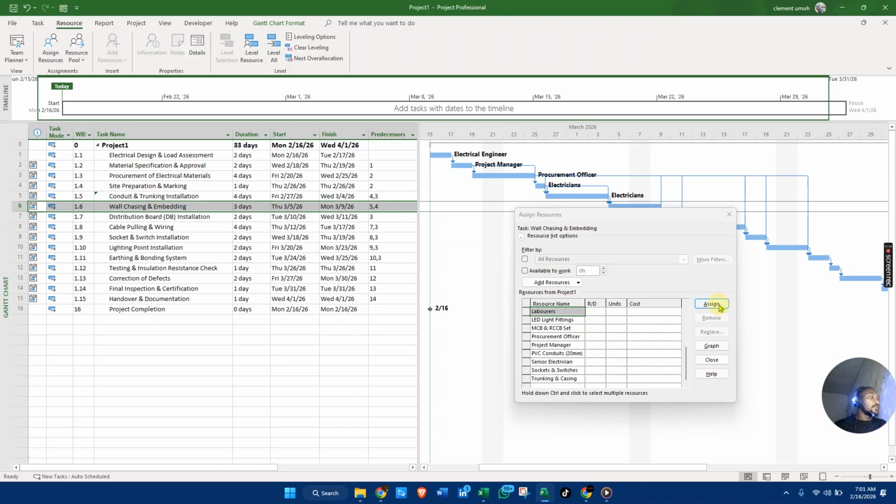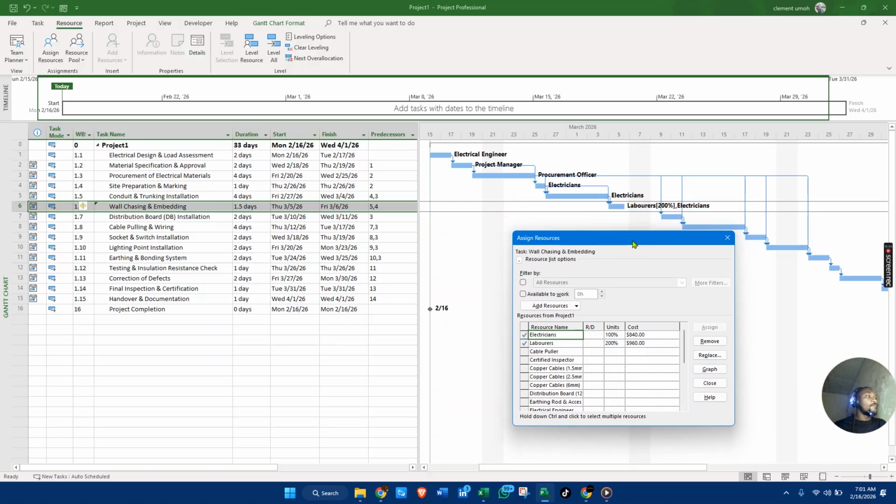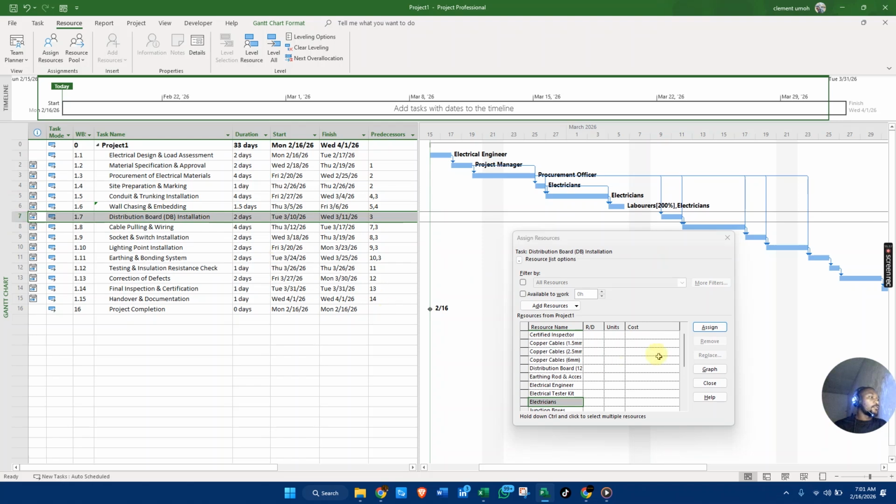Forecasting. We assign the labor, two of them. I'm going to assign an electrician as well to work with him. Yeah, that's all right. So this one has to be our senior electrician.